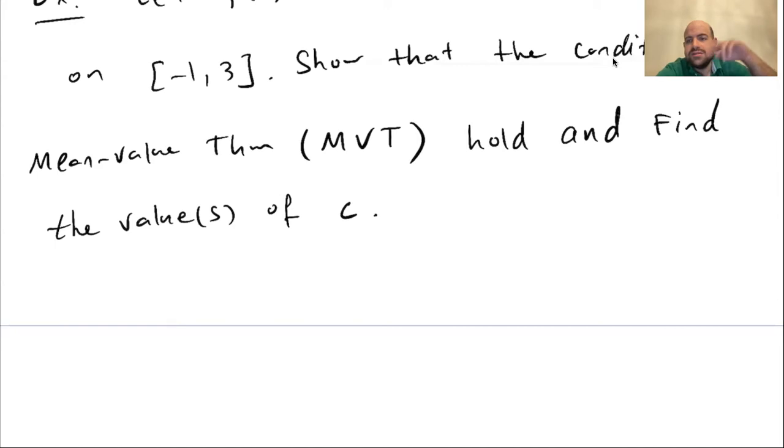So for both these theorems, you need continuity on the closed interval and differentiability on the open interval. For Rolle's theorem, you also need f of a equals f of b. For mean value theorem, no.